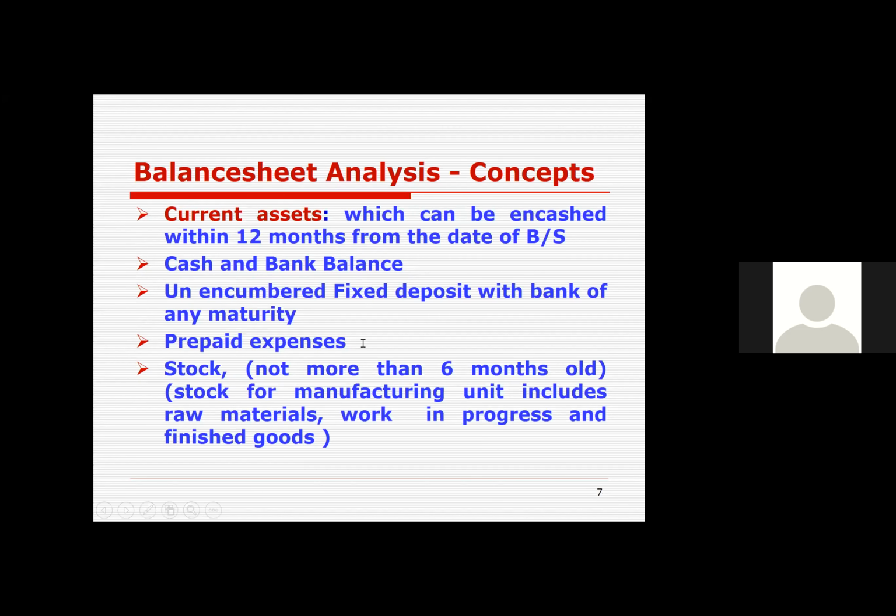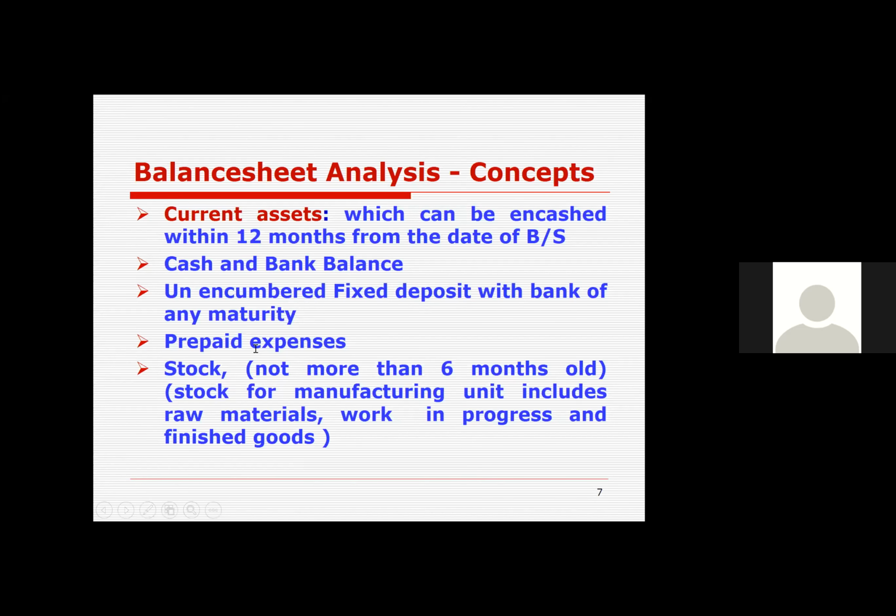Current assets can be converted into cash within 12 months from the date of the balance sheet. Cash and bank balance. Then unencumbered fixed deposit with the bank of any maturity. If it is encumbered, it will go to non-current assets. If it is not encumbered, whatever the maturity period may be, it will be shown in current assets.